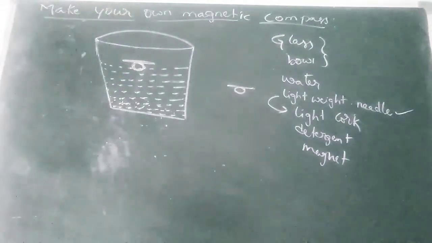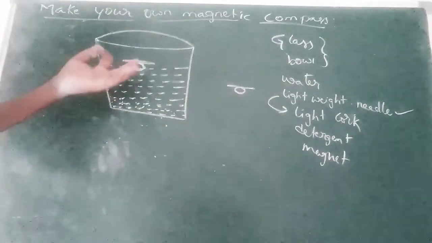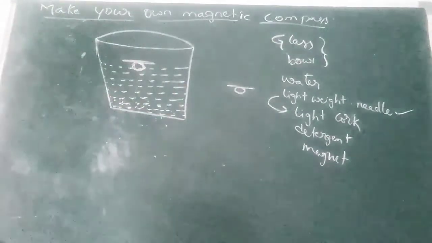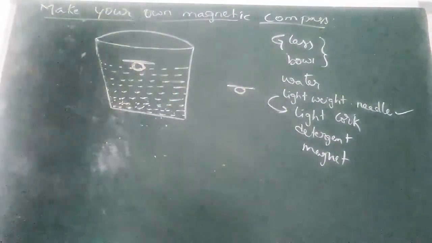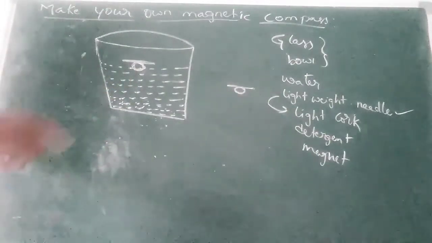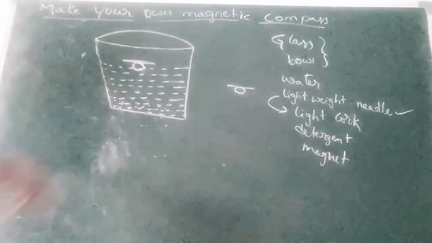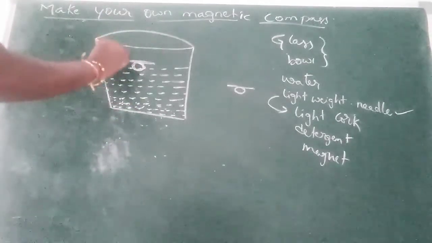Whenever you place that on the surface of water, it floats for some time. After some time, there is no air which makes this cord move, and it comes to the rest position. At that rest position, the magnetized needle shows the north and south direction.